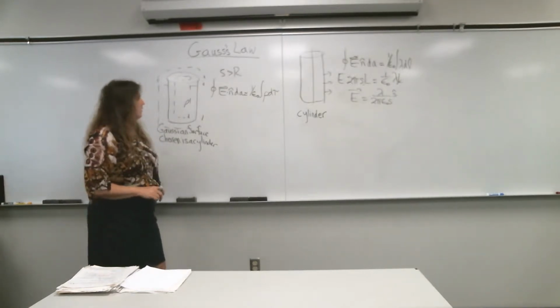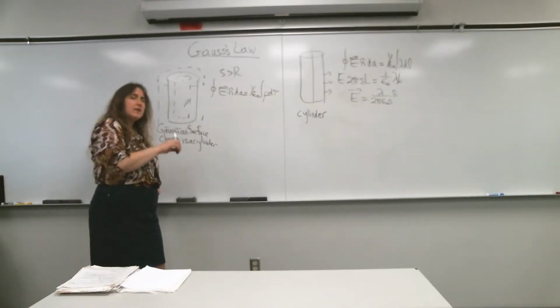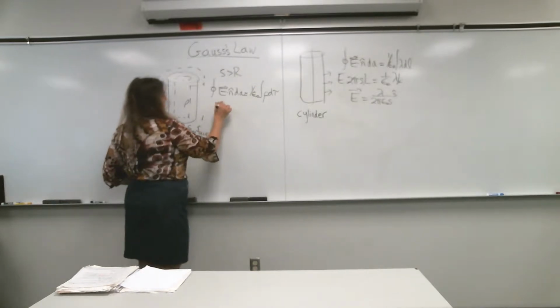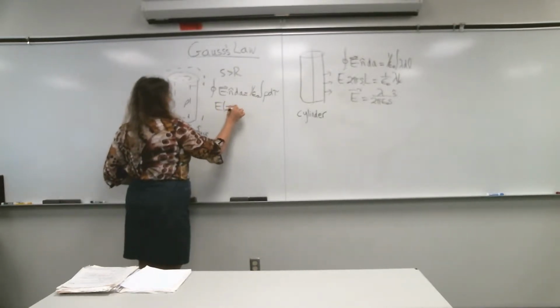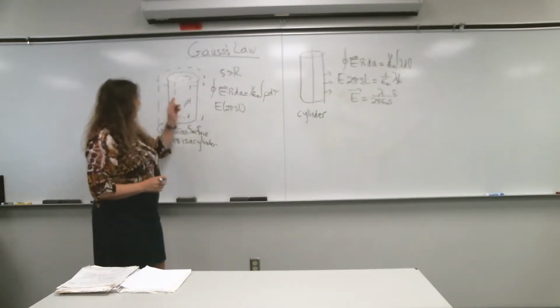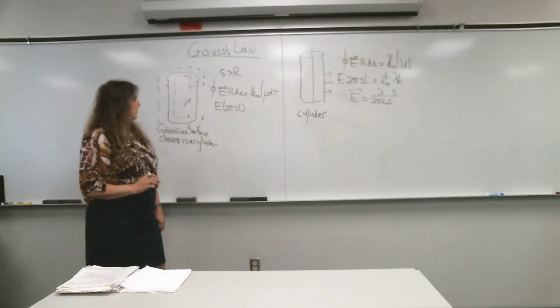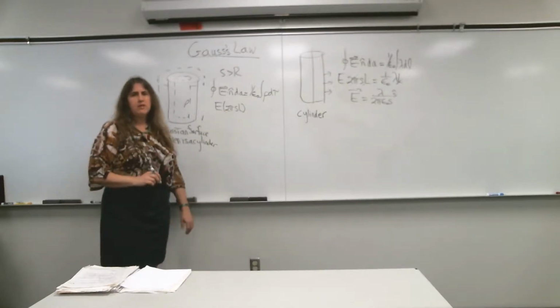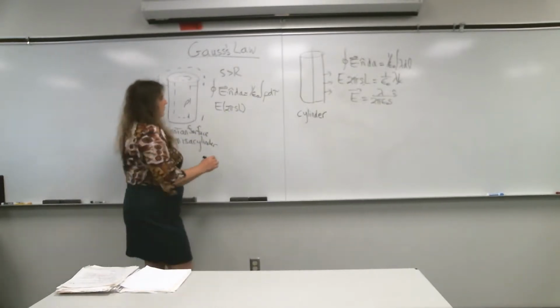And on the left-hand side, once again, we can pull our electric field outside of the integral. The surface area of the Gaussian surface is just going to be 2 pi s times the length.